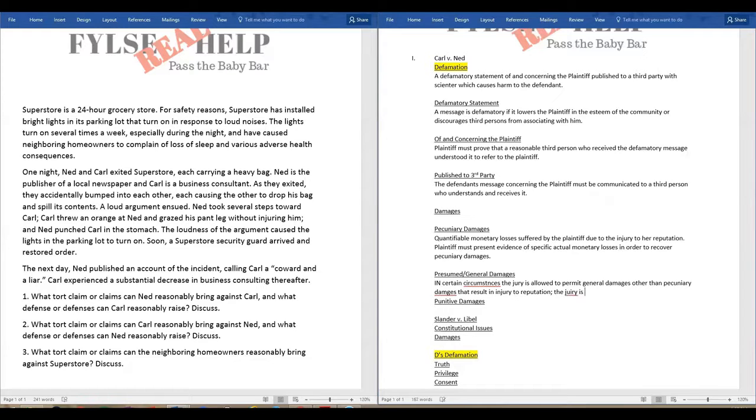The jury is instructed to estimate the amount of presumed damages based on the extent of injury to the plaintiff's reputation.